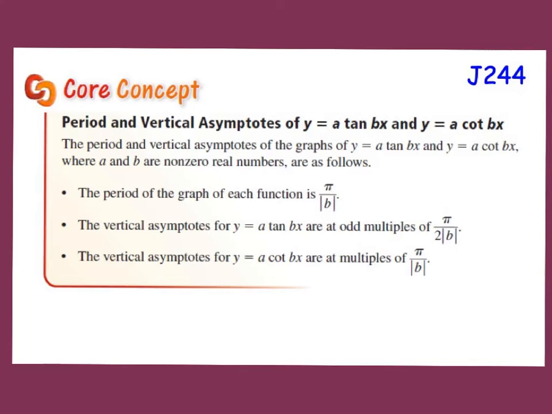The period of the graph of each function is pi over the absolute value of b. The vertical asymptotes for y equals a times tangent bx are multiples of pi over 2 times the absolute value of b. And the vertical asymptotes for y equals a times cotangent bx are multiples of pi over the absolute value of b.